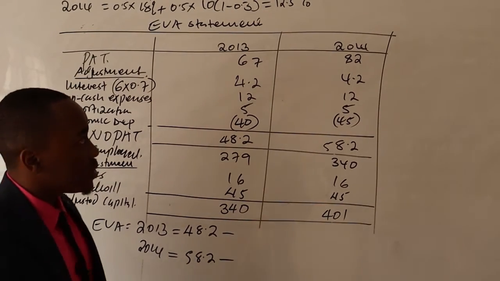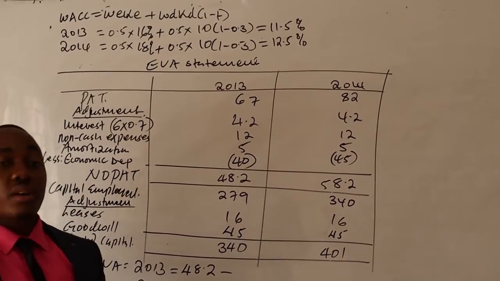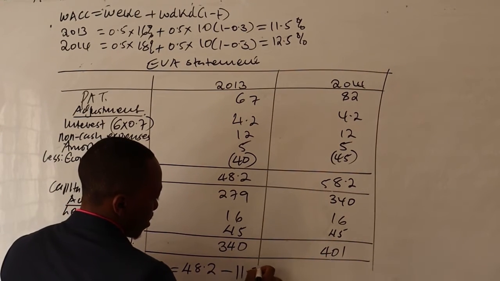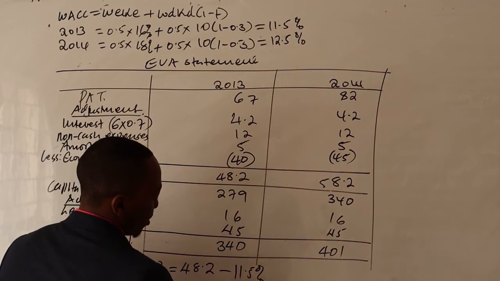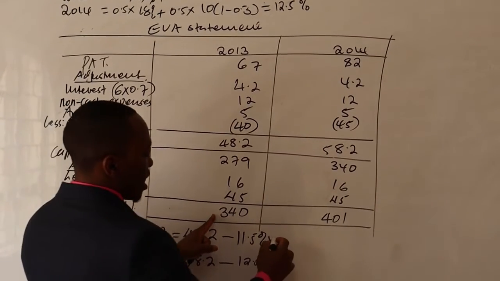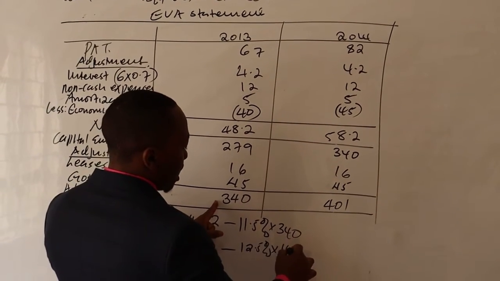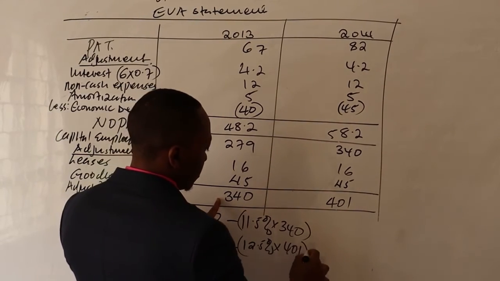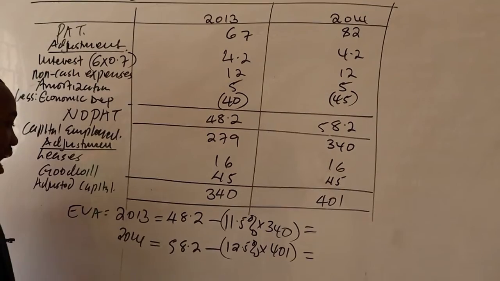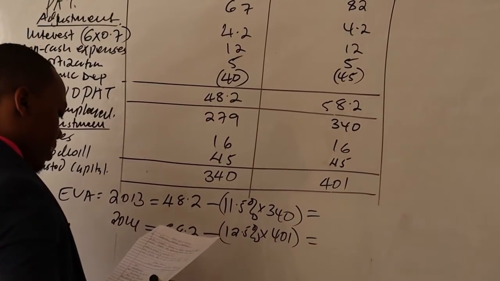You take the cost of capital, which you had already computed: 2013 was 11.5, and the other one was 12.5. You multiply by the capital, so here we have 340 and 401. Good. With that we can determine our EVA.